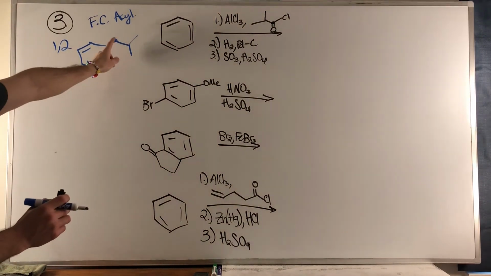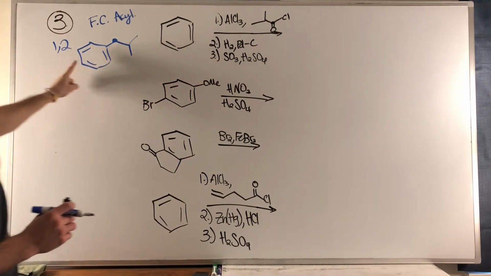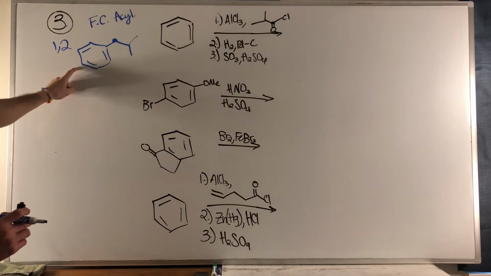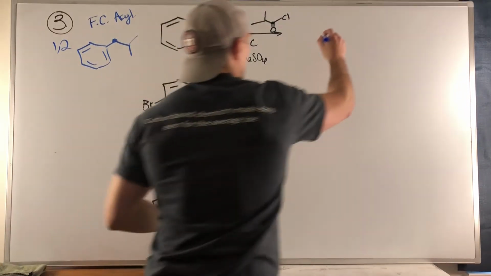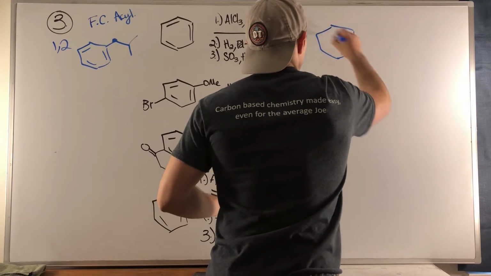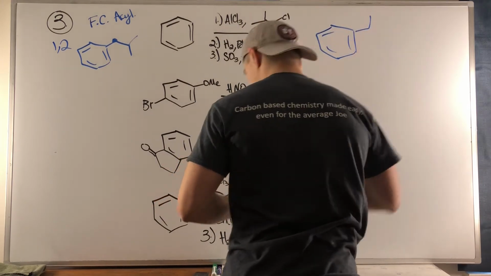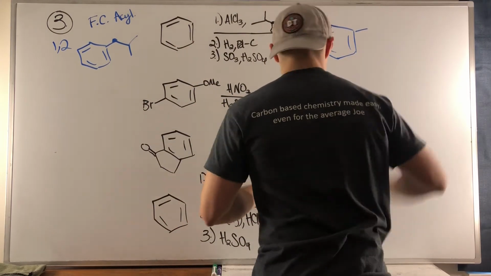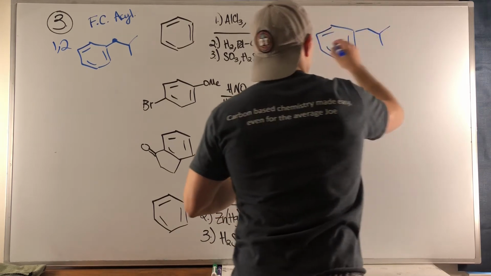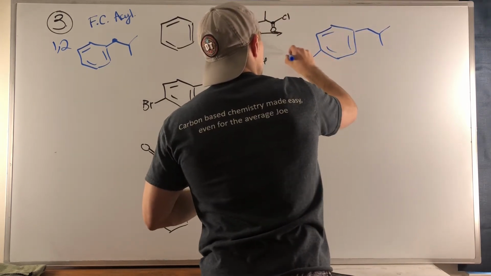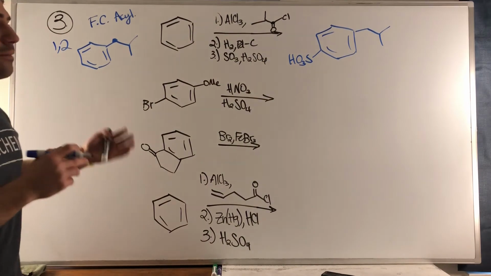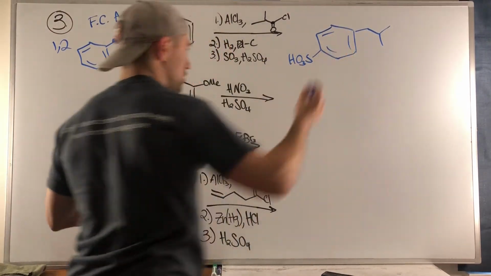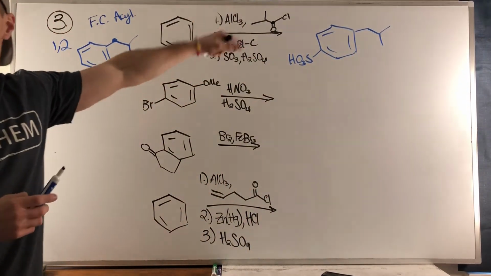So now we have an isobutyl group, and now we're going to direct it para as a result. So our final answer looks like this, okay? And again, if you had it here and here, that's totally fine. What matters is that they are 4 positions apart.